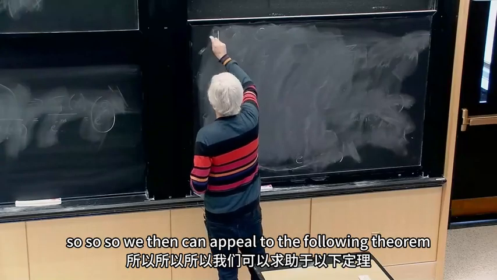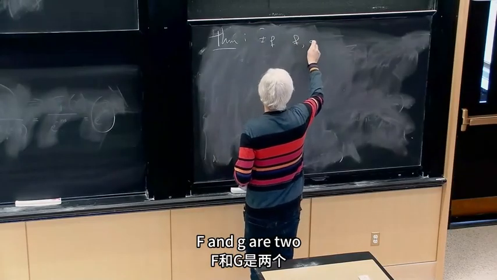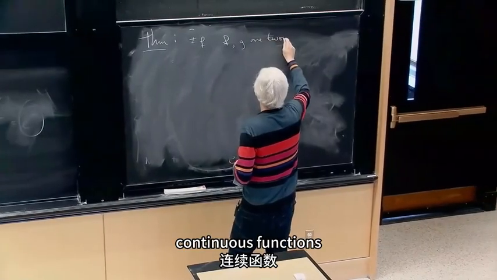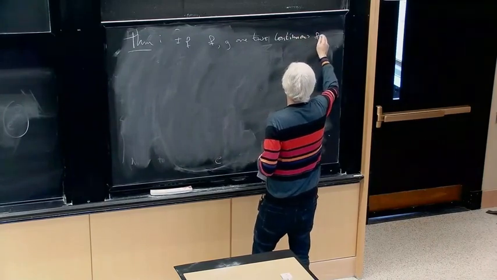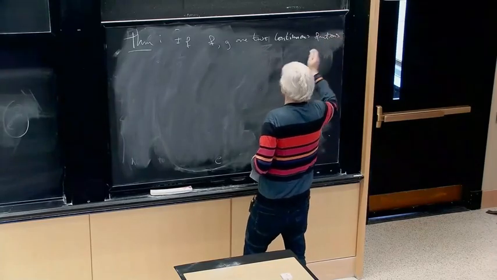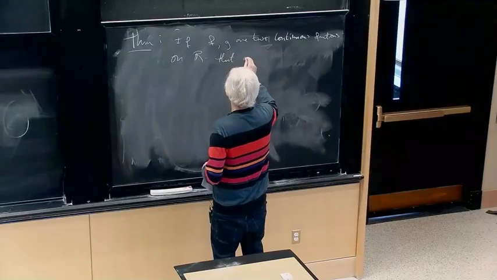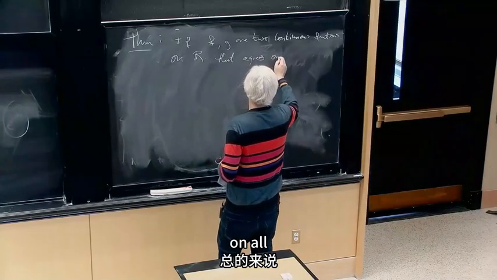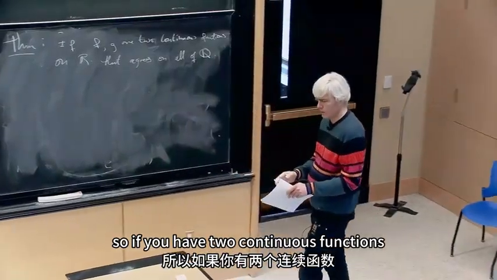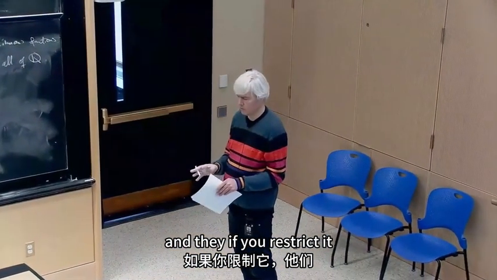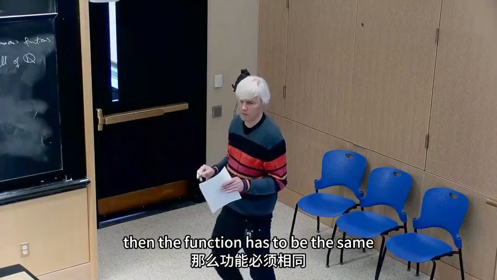We can then appeal to the following theorem: if f and g are two continuous functions on R that agree on all of Q, so if you have two continuous functions and you restrict them to the rational numbers and they are the same, then the functions have to be the same.